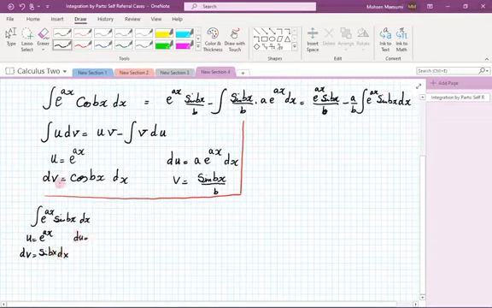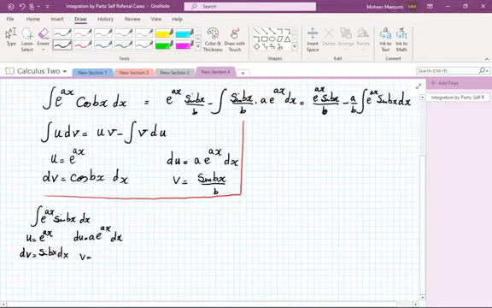Notice that we are recycling a letter. The v means something else now. Otherwise you have to dig out some other pair of letters every time and play with them. So this is a dv, that's another dv. So du as before, a e to the ax dx, and v, what's the antiderivative of sine of bx?